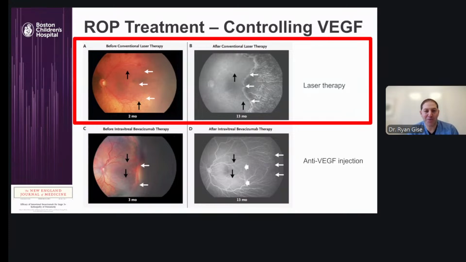In the older babies where less VEGF is circulating, it tends to be a less dramatic effect. But you can see in that picture on the bottom in frame C, if you were to laser this patient, you then have to wait 2 weeks to see it take effect. And it can be a very harrowing 2 weeks as the ROP may progress given the VEGF that's signaling, versus the injection where it takes it away immediately. So it tends to be a very good indication for anti-VEGF agents, although obviously not everyone has them.